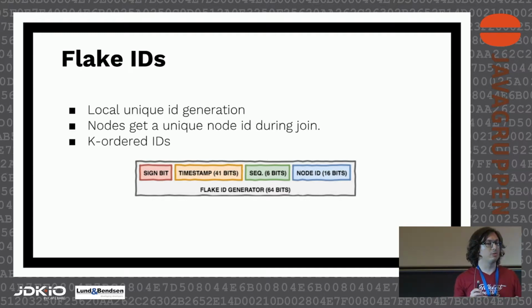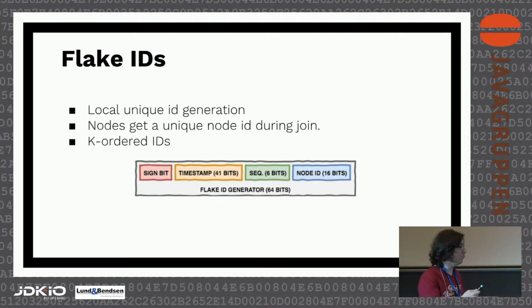And we resolved this problem by developing a new feature, Flake ID generator. So this time, each Hazelcast server has a local ID generator. And Hazelcast's cluster join algorithm assigns unique IDs to each node during the join process. You know, when you start a new Hazelcast server, it first joins the cluster, and in the meantime, it gets a unique integer node ID.